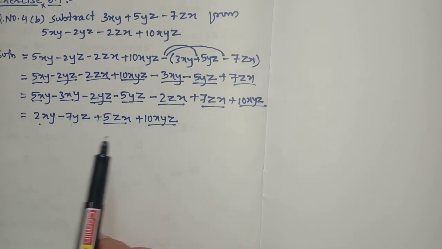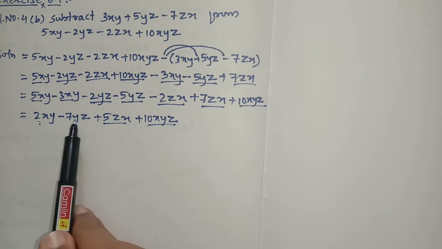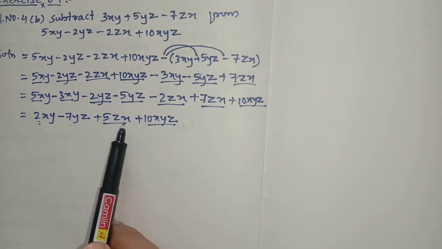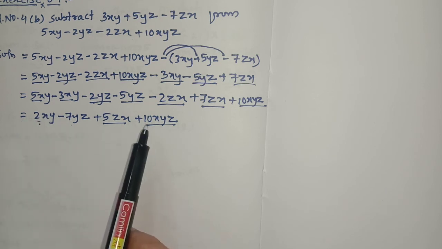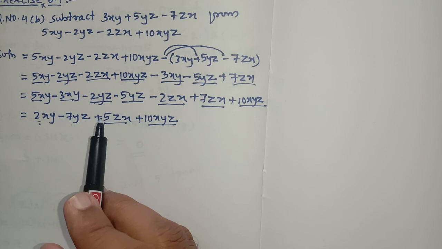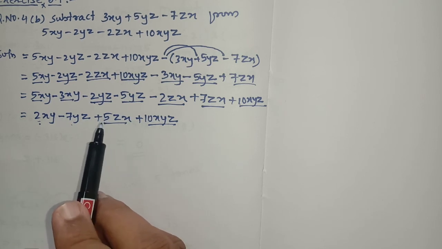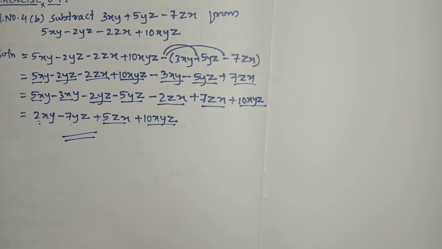All are unlike terms. We cannot subtract these two. We cannot add these two. Why? Because these all are unlike terms. Keep in mind, unlike terms cannot be added, cannot be subtracted. Only like terms can be added or subtracted. So this is our final answer.